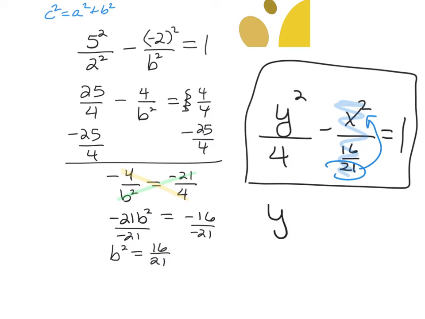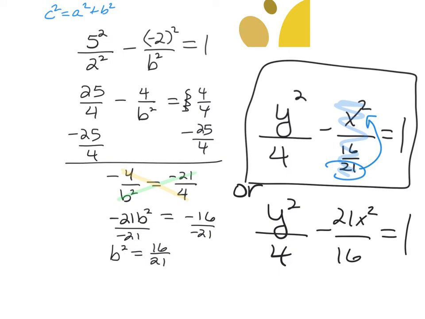So you'll also see the answer written as y squared over 4 minus 21x squared over 16 equals 1. Be able to recognize that both of these are good answers. Depending on the test you're taking, one may leave it with the fraction in the fraction, and others will divide it and move the 21 to the top.